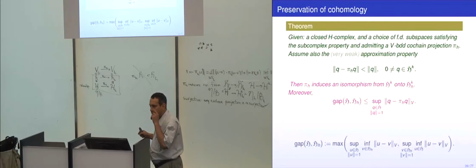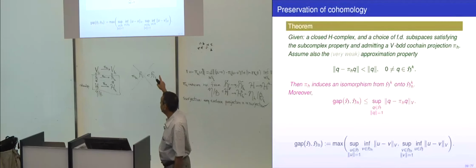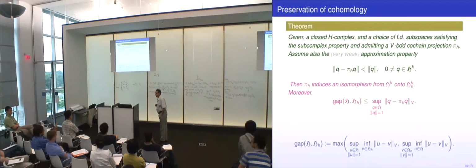So in the examples, I can sometimes get around this and prove it's true for all H, but I don't know how to prove this theorem without that. I'd be surprised. In this weak context, I doubt you can get rid of it.